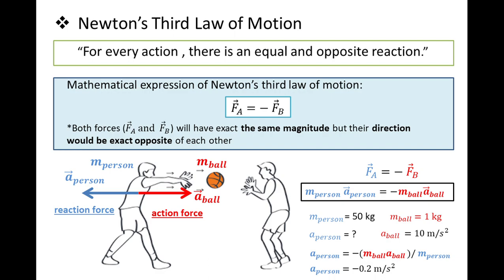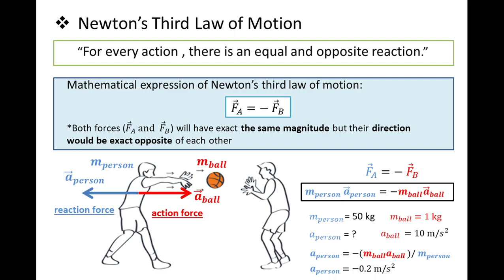In your case, since you are significantly heavier than the ball, your acceleration should be significantly smaller compared to the acceleration of the ball, and that is the only possibility that the magnitude of the force you exerted on the ball and the magnitude of the force exerted by the ball on you will be equal.